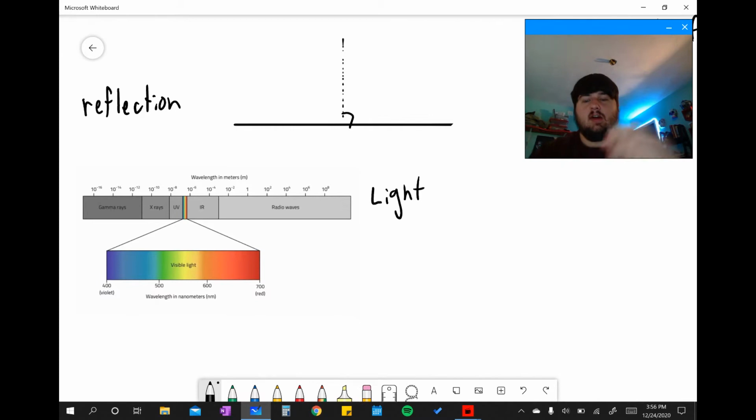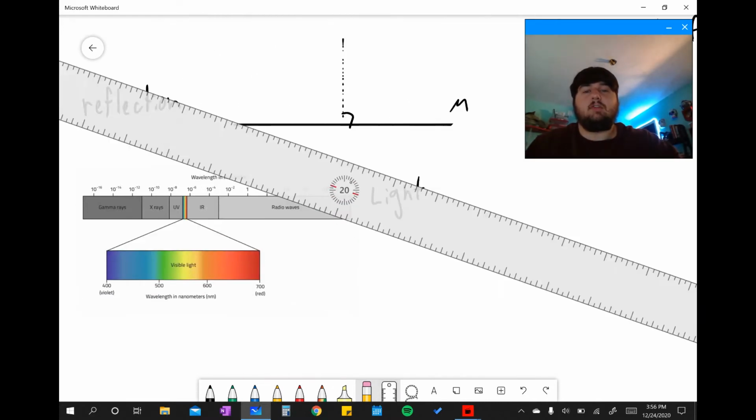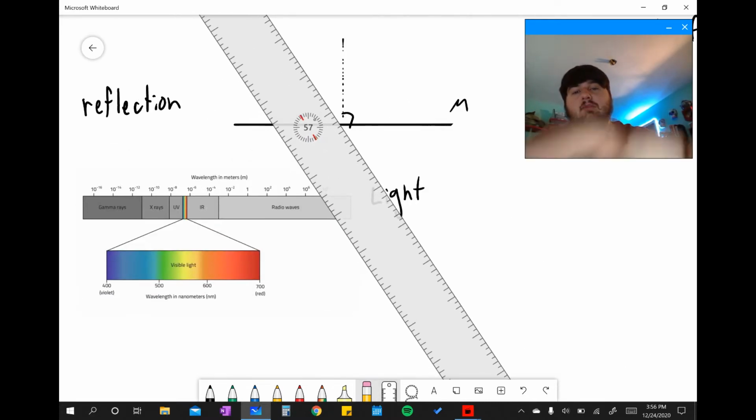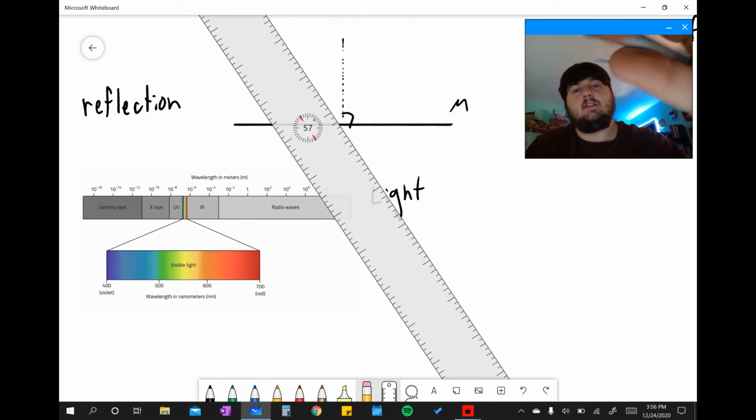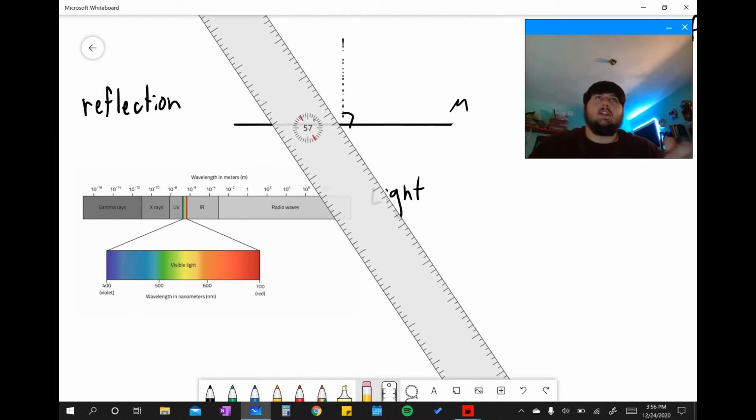So, reflection. Let's say this is a mirror. We're going to assume that this object is opaque and most of the light cannot travel through it, like a mirror. So the law of reflection states that on a surface that is opaque and reflective, any incoming light, and I should say this before, through the rest of this demonstration, we're going to be talking about two different instances of light.